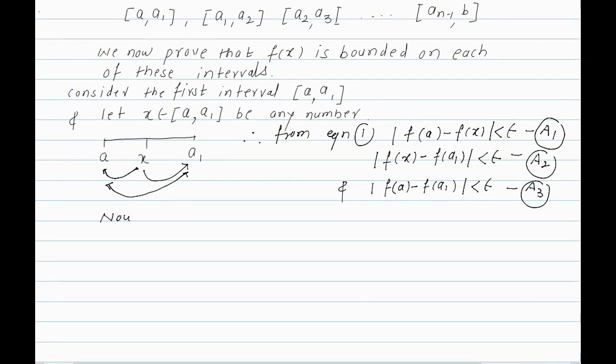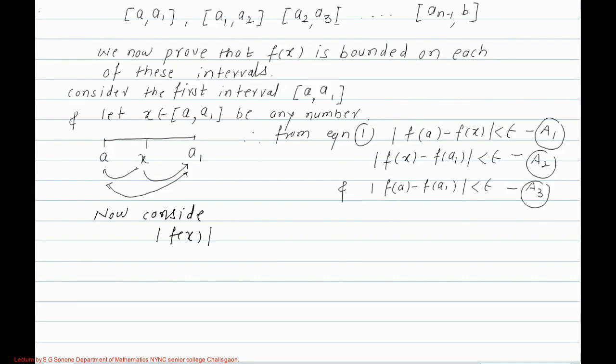Now we have to prove that the function is bounded on the first interval a comma a1. Now consider mod of f of x, where x is an element from the first interval a comma a1.